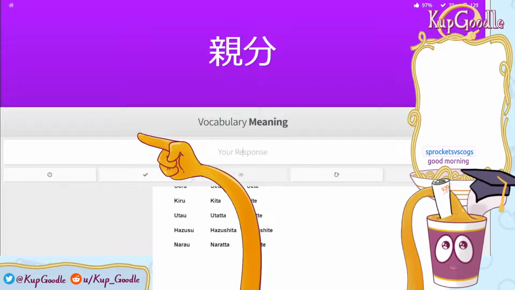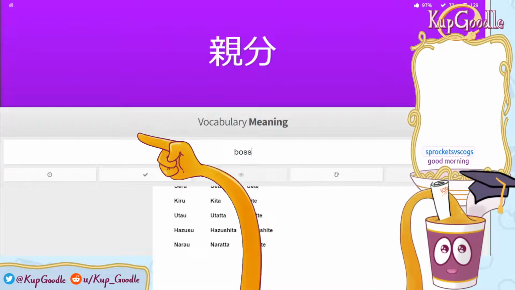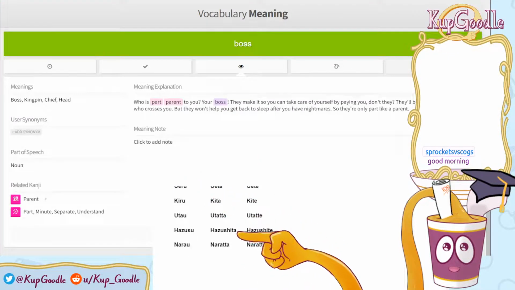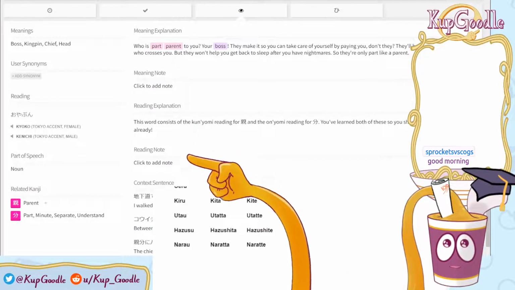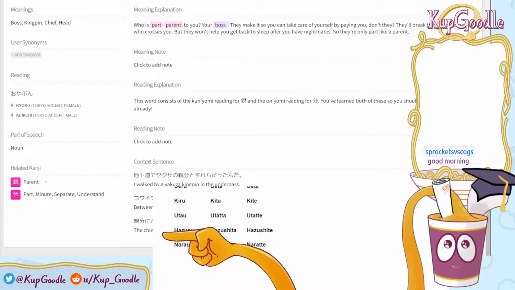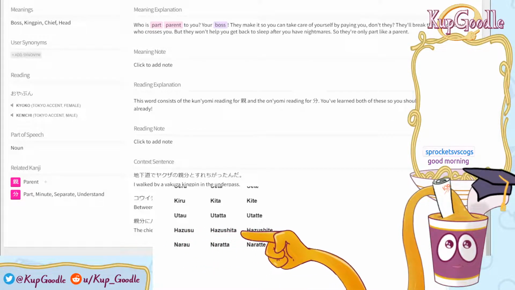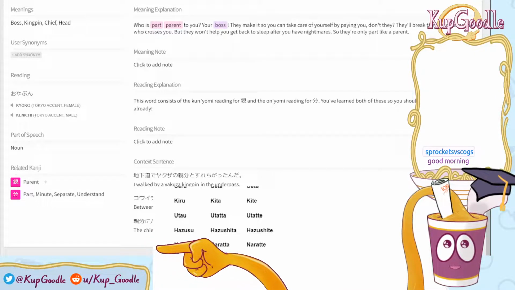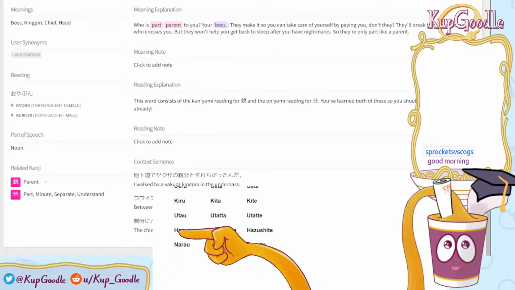Oyabun. Oyabun. Meaning is like the boss, but I think it's not like the workplace boss thing. It's like a gang boss. Reinformation context sentence. I walked by a Yakuza kingpin in the underpass between Koichi and Biet, which is the boss and which is the henchman. Yeah, it's like crime boss, like enemy boss. The chief will chew us out if we let it slip.